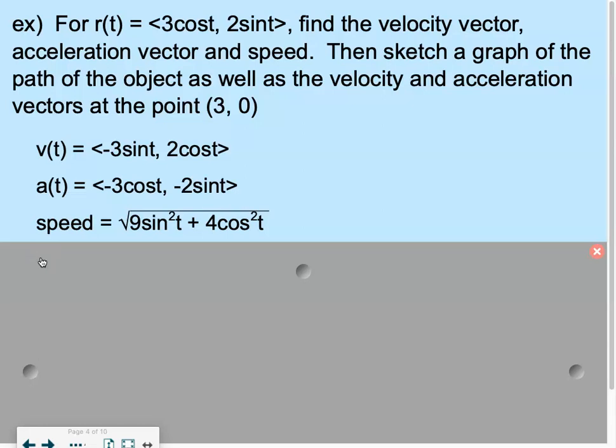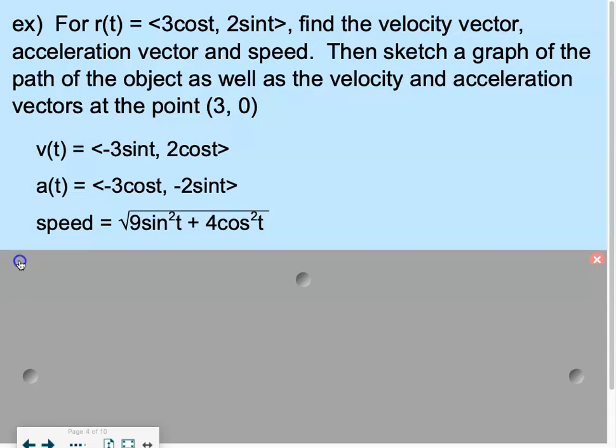Or, as several creative minds over in this area said, you could pull 4 sine squared out and have 5 sine squared plus 4 sine squared plus 4 cosine squared, and then the 4 sine squared plus 4 cosine squared is just 4, and you have 5 sine squared plus 4, which I thought was a cute little trick. But it really doesn't make your life that much easier. But you could if you wanted to.